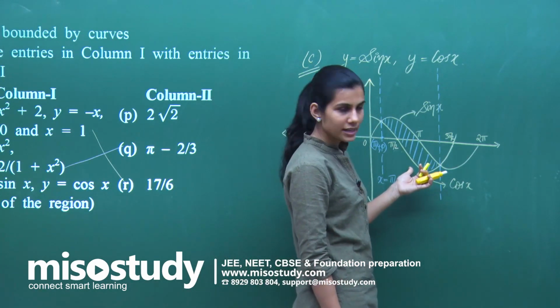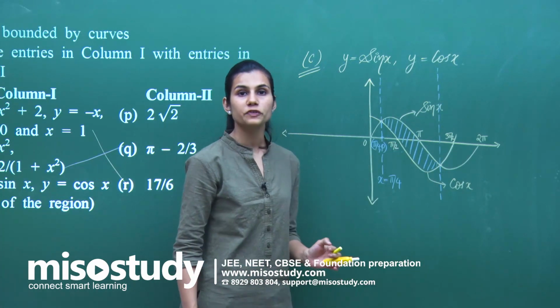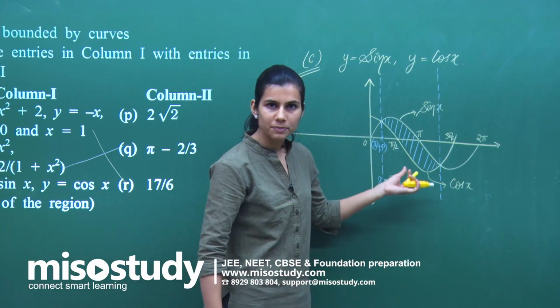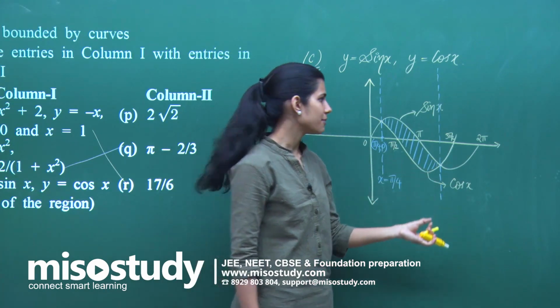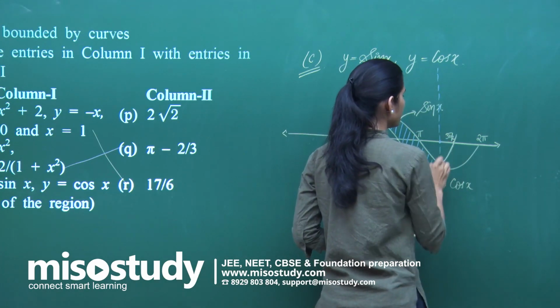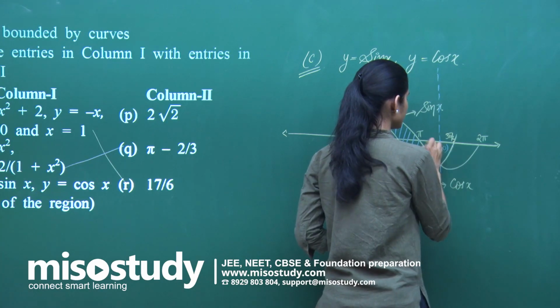After this, you know that sine of pi plus pi by 4 is same as cos of pi plus pi by 4. Do you realize that? Therefore this point is pi plus pi by 4, which is 5 pi by 4 comma 0.